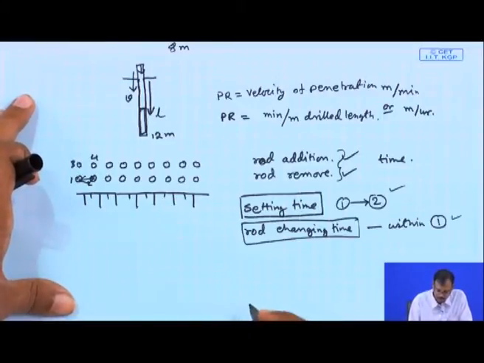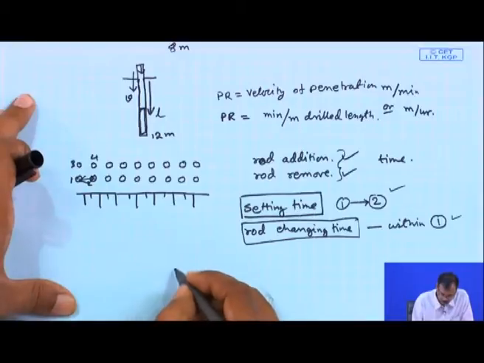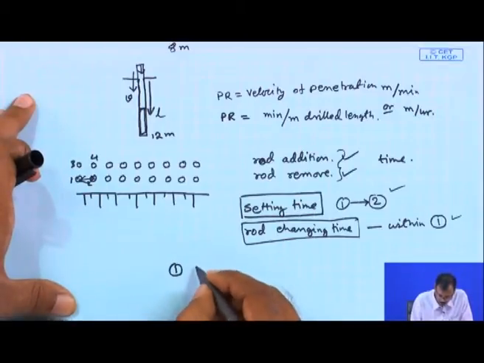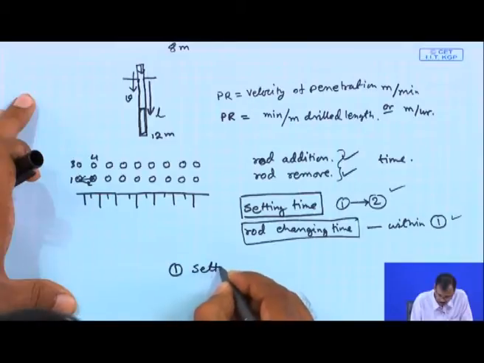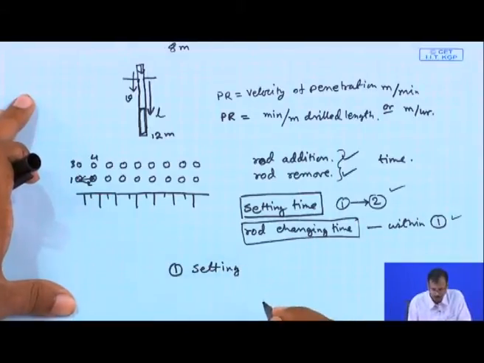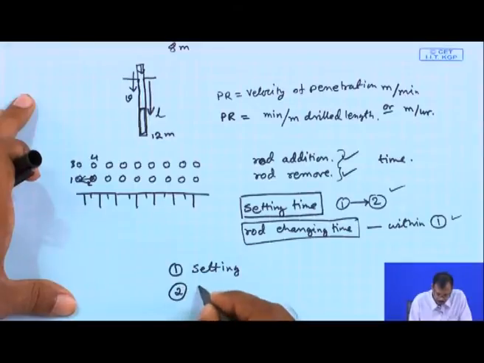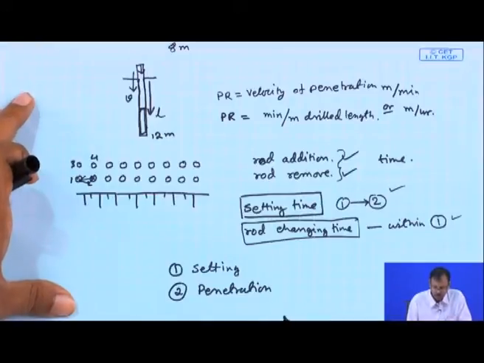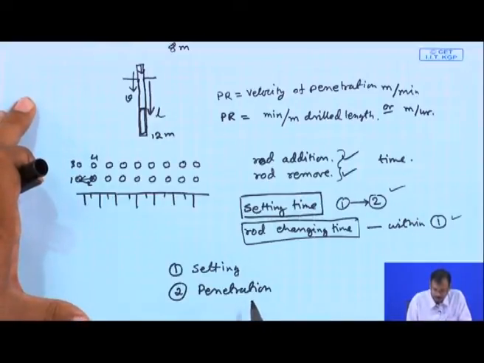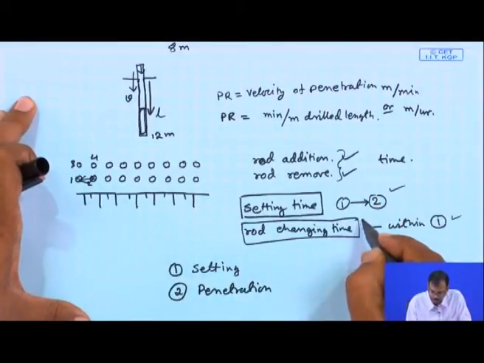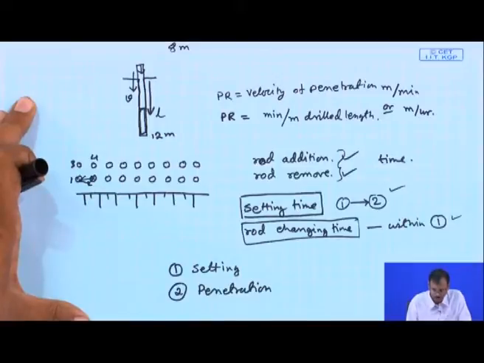So, a complete drill cycle essentially has first the initial setting of the drill machine on the position, second is the penetration. If the penetration is carried out only by a single rod, then this rod changing time is not there, but if additional rod is required for carrying out the drilling, then the delay may occur because of the rod changing.